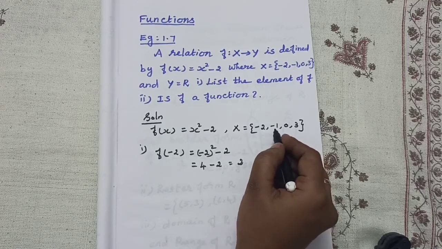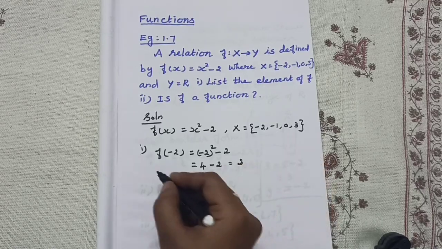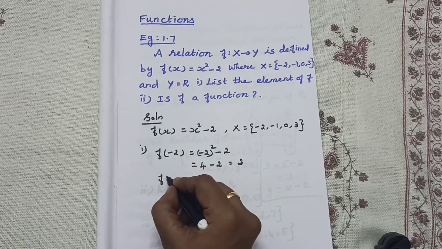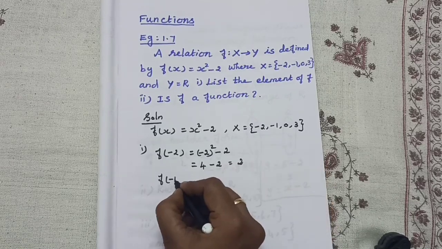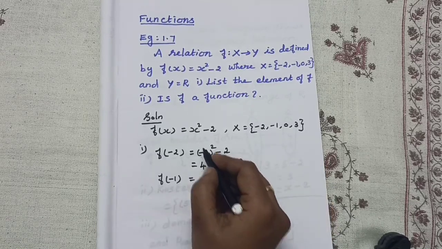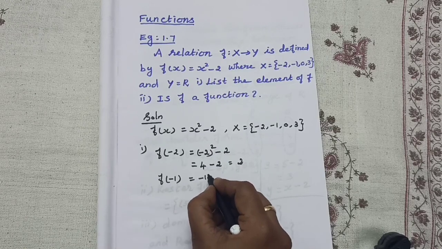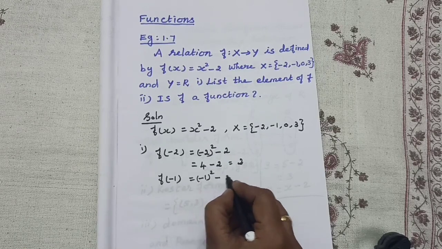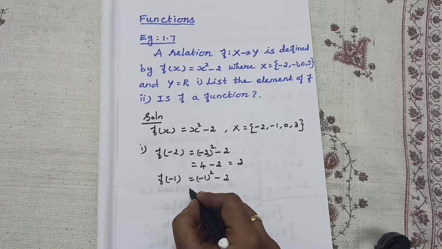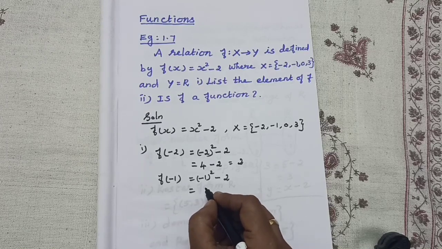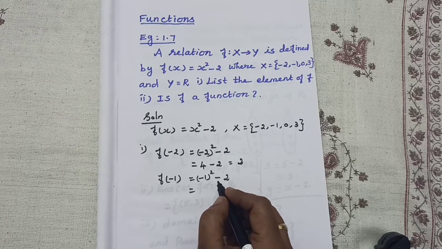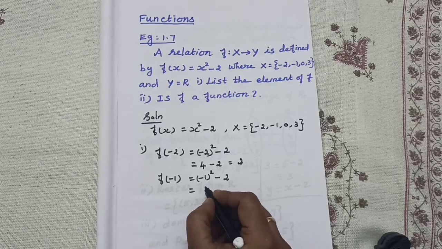Then the second element is minus 1. f of minus 1 is minus 1 the whole square minus 2. Minus 1 the whole square is minus 1 into minus 1, which is plus 1.